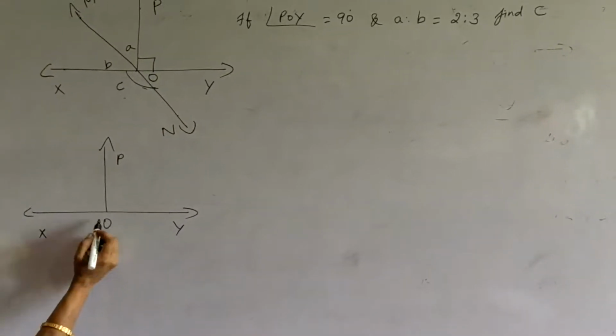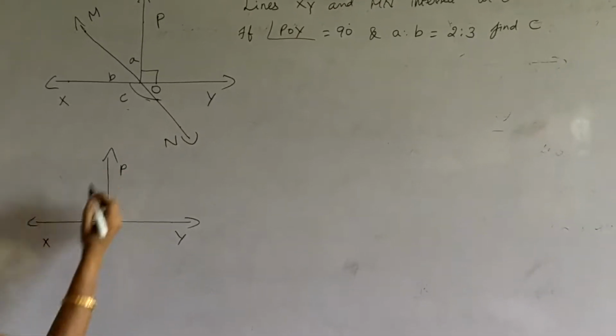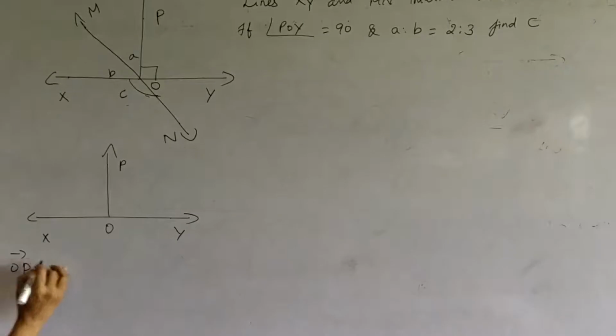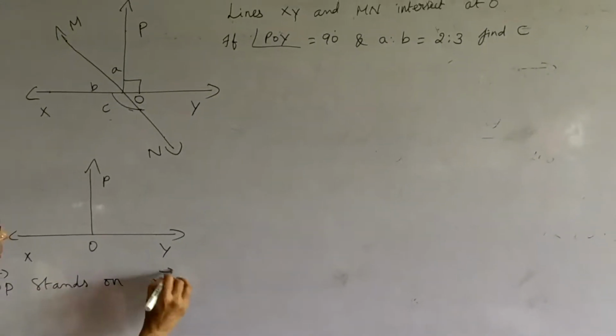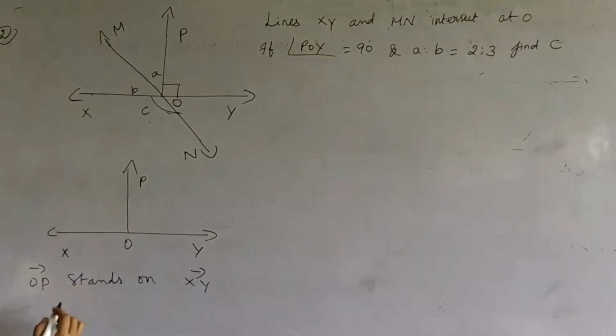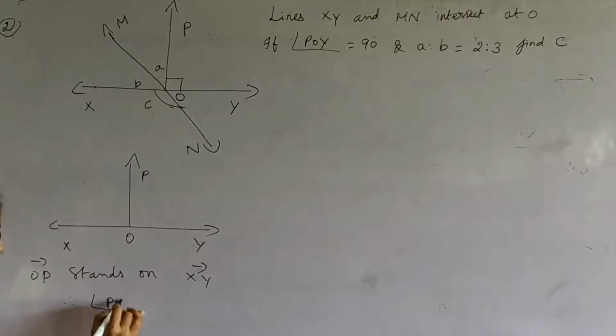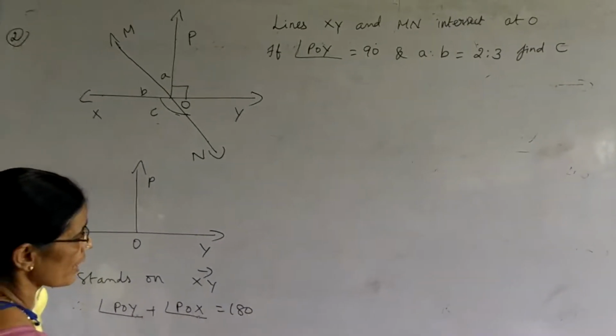Here I am going to use axiom 6.1. You can see ray OP stands on line XY. Therefore, what is sum of these two angles? It is equal to 180. Therefore, angle POY plus angle POX equal to 180.